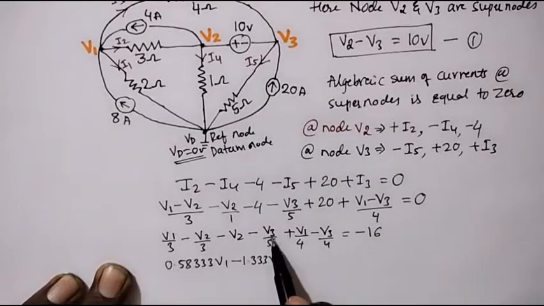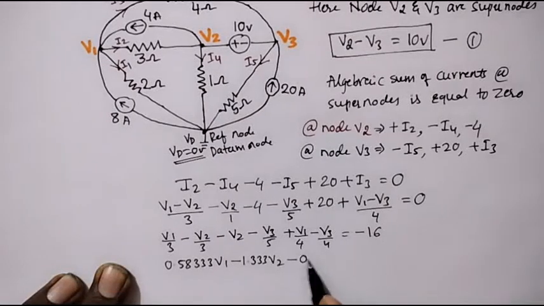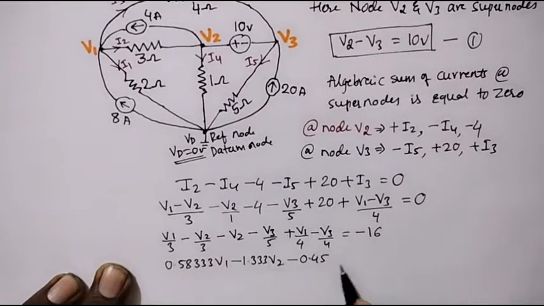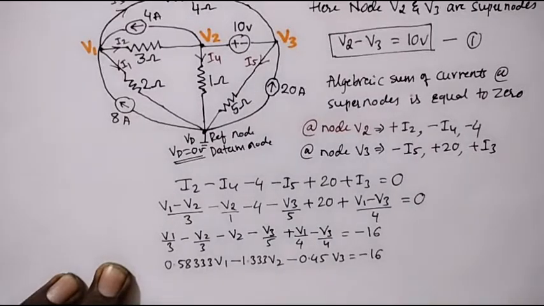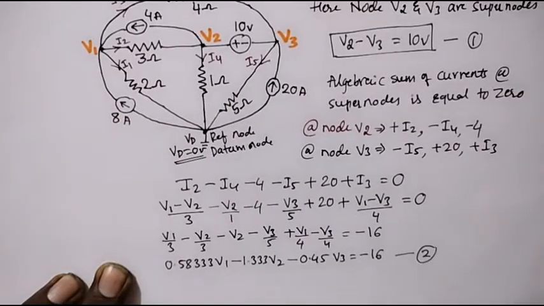Similarly, simplifying V3 by 5 minus V3 by 4 gives minus 0.45 V3, which is equal to minus 16. We'll call it equation number 2.